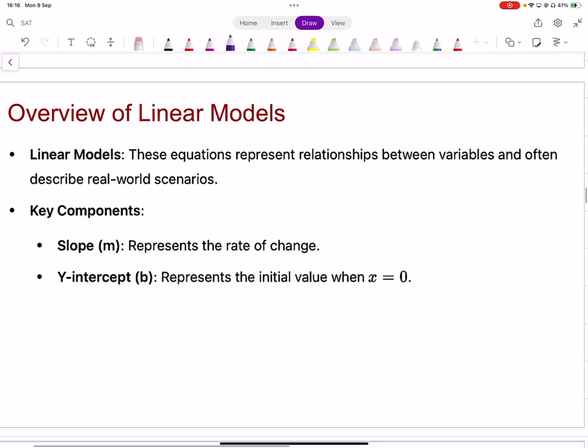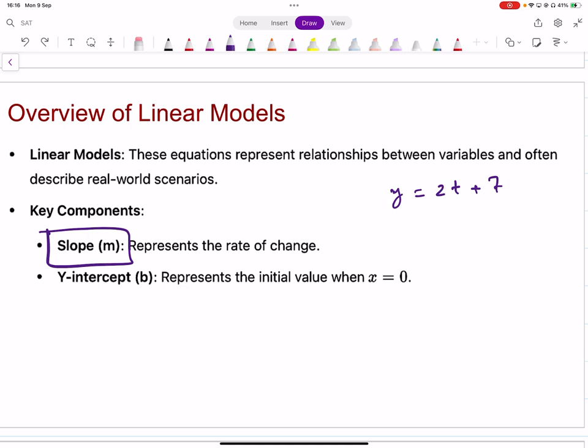Now when we have a linear relationship between any two variables, the slope is generally going to represent the rate of change of something, right? The rate at which something is changing. So for example, if you have an equation like this, y equals 2t plus 7. Now let's say t here represents time.